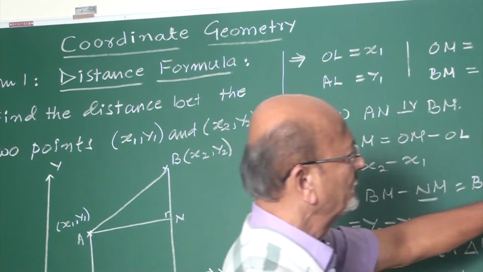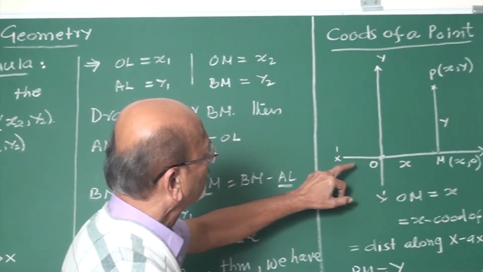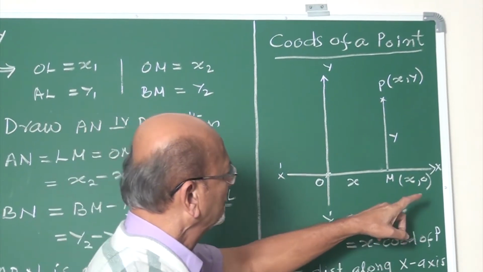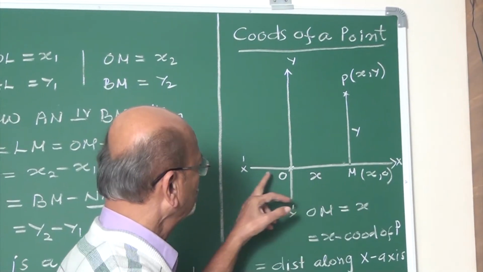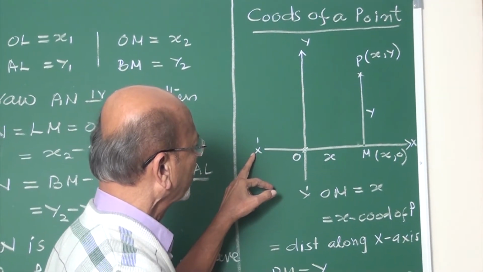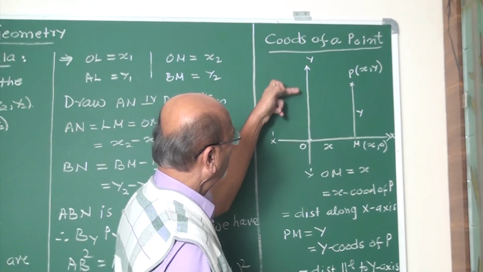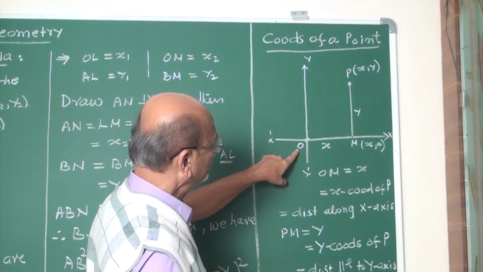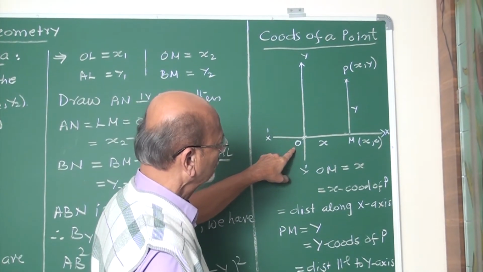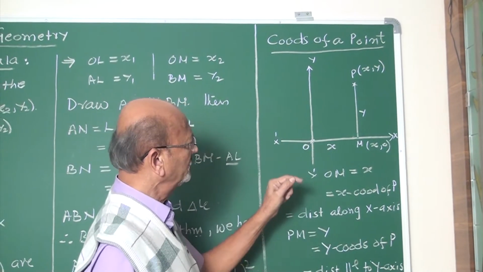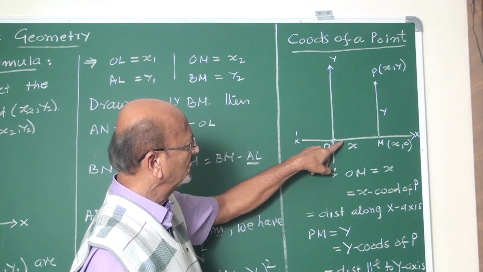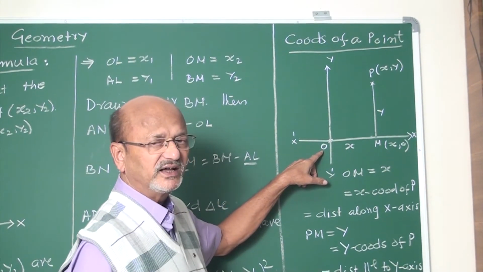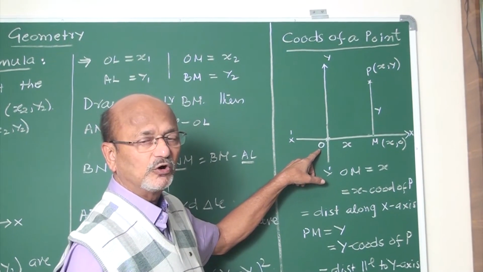Yes, my friends, this plays a very important role. Coordinates of a point: in brief, this horizontal line is known as the x-axis. The vertical line y dash is known as the y-axis. Their point of intersection is known as the origin. The system consisting of the x-axis, y-axis and origin is known as the coordinate system.